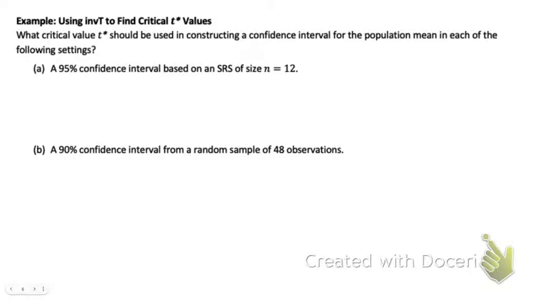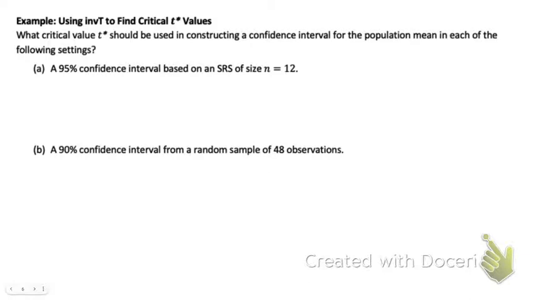T star critical values work very similarly. But here's the deal. If I am going to be on a T distribution, is it going to be as tall as this distribution? No. So think about if I take this distribution and squat it down, what's going to happen to this 95% boundary? It's going to widen.